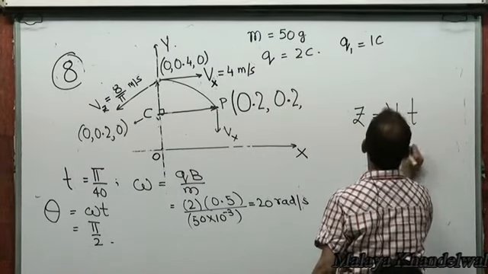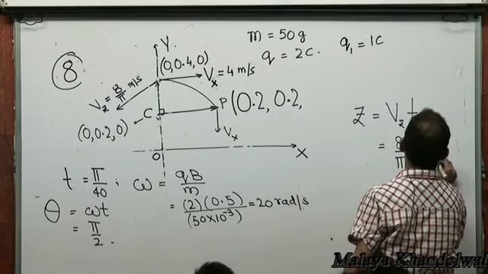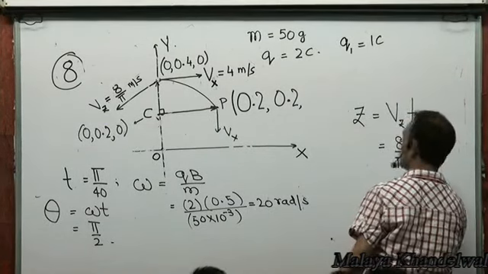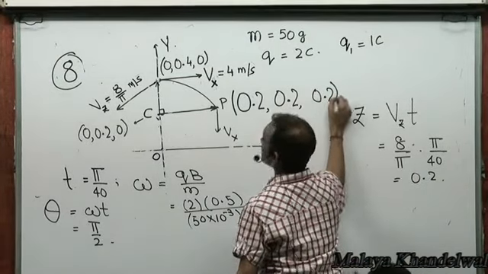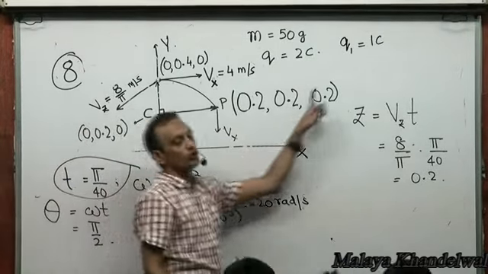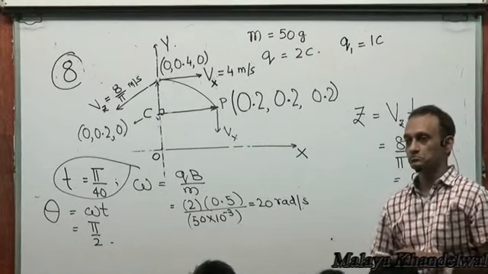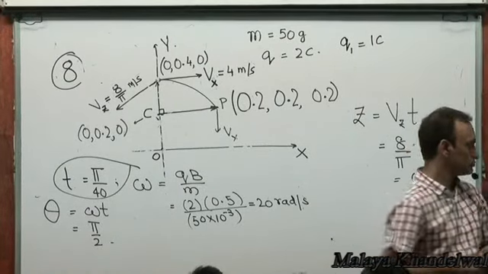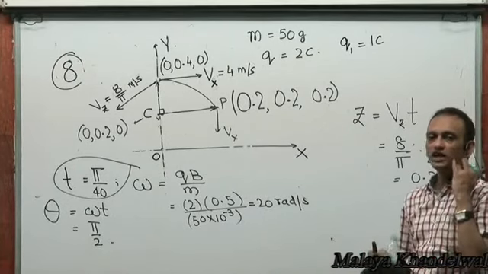Vz, which is 8 by pi, into t, which is pi by 40, which is also 0.2. So the coordinates of the particle at this instant of time t equal to pi by 40 would be 0.2, 0.2, 0.2. Yes or no? Is that all right?